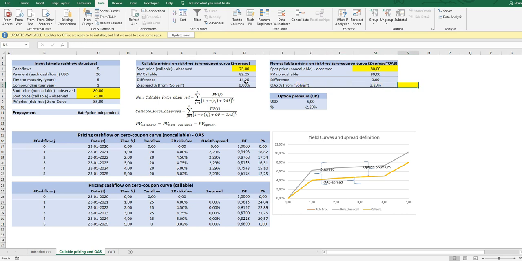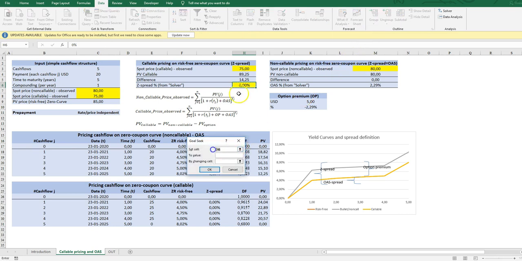So the OAS is the same as on the non-callable bond. But I'll start by finding the total spread. So hopefully it's different from 2.29. And I will do it the same way with the goal seek. Go to what if, goal seek, set cell, this one to 0 by changing the Z-spread.